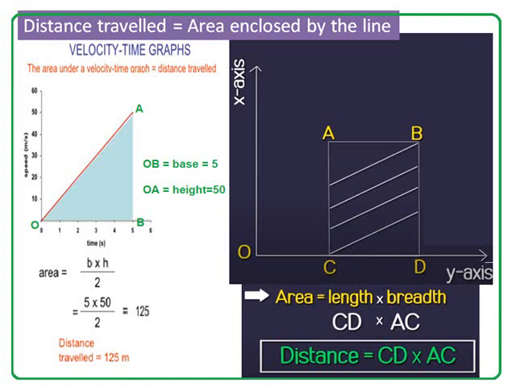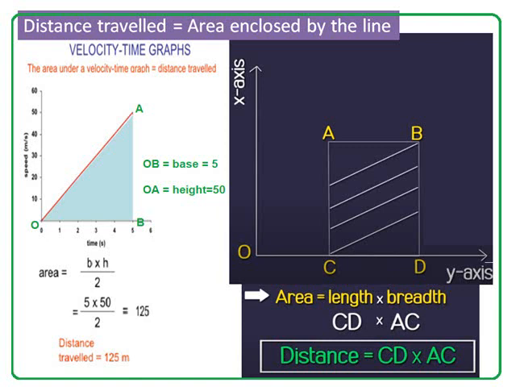So what is the area under the line OAB? So it is a triangle. So OAB is a triangle, and how to find the area of the triangle? The area of the triangle is given by half into base into height. So the mathematical formula for calculating the area of the triangle is half into base into height.